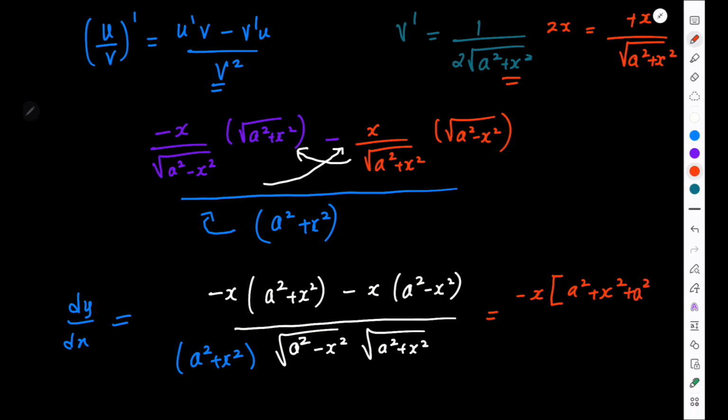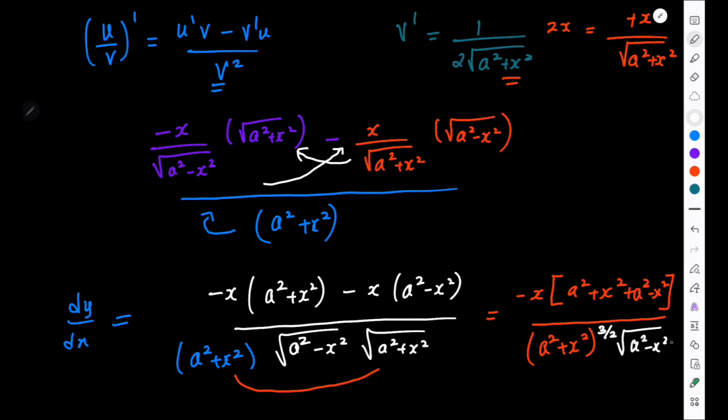So plus a square minus x square, right? You are taking minus x out, so you get a square plus x square. See, these two things are put together as 3 by 2.